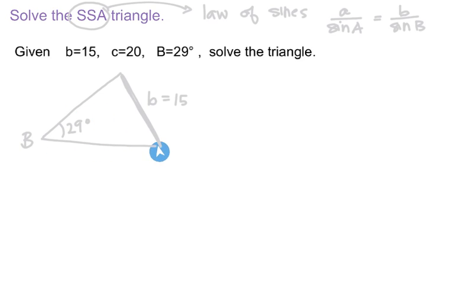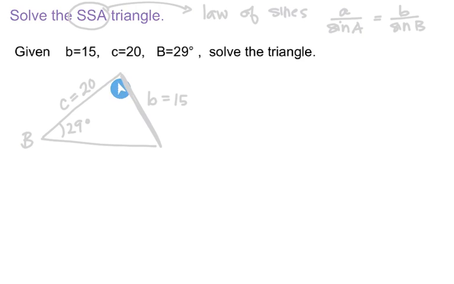If this base was c, then the top angle would be C, and the other side would be a and capital A. We're not specified here, but we're going to call it ABC. Regardless, in order to align with the way I described them in the previous video, I'm going to call that side c.